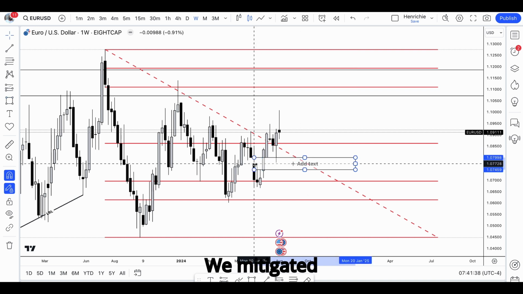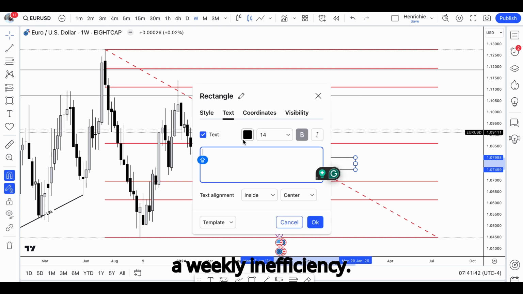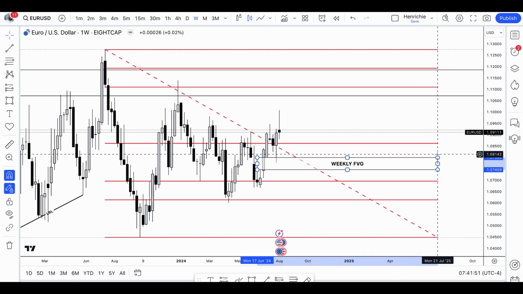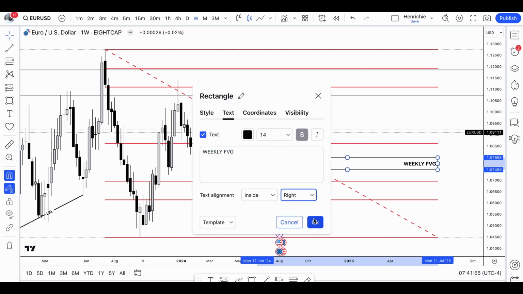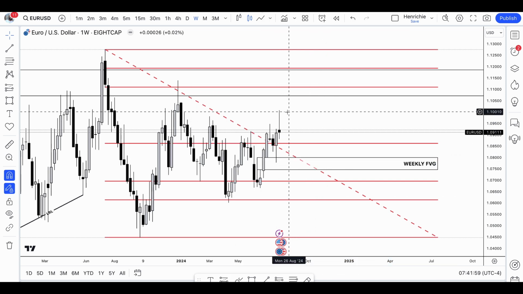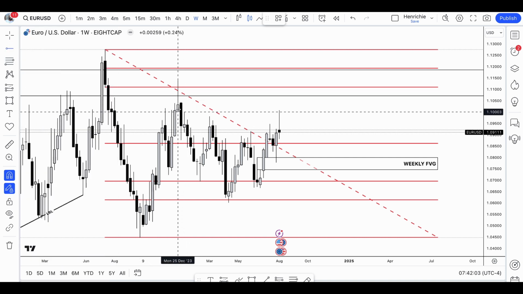We mitigated a weekly inefficiency. And after that mitigation, what happened? Expansion. And what did we go into? Right here.